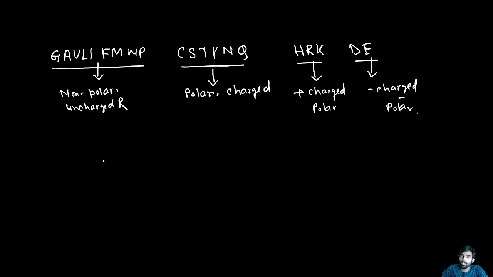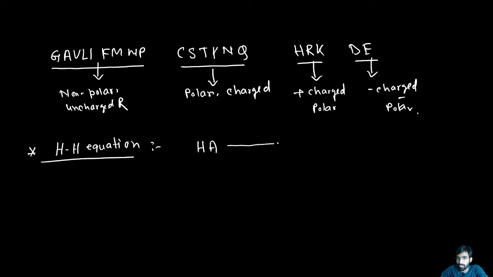Now today we will see their titration. Before going to titration, I just want to remind you of one equation: the Henderson-Hasselbalch equation, HH. This is a class 12 concept. Suppose there is one acid HA. This acid dissociates into H plus and A minus.